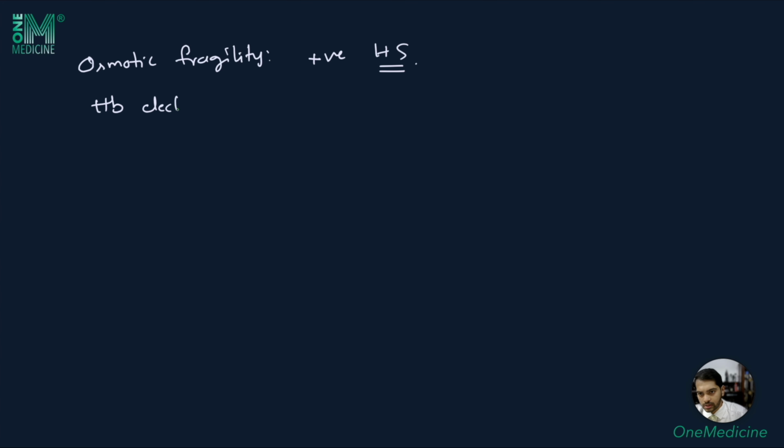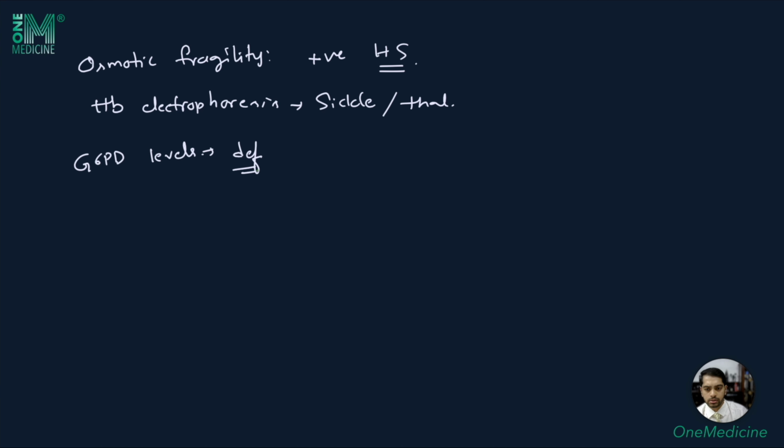Hemoglobin electrophoresis can be used in diagnosis of sickle cell anemia or thalassemia. G6PD levels can be performed to look at deficiency, but these are usually performed after the episode of hemolysis has resolved to prevent false negative results.